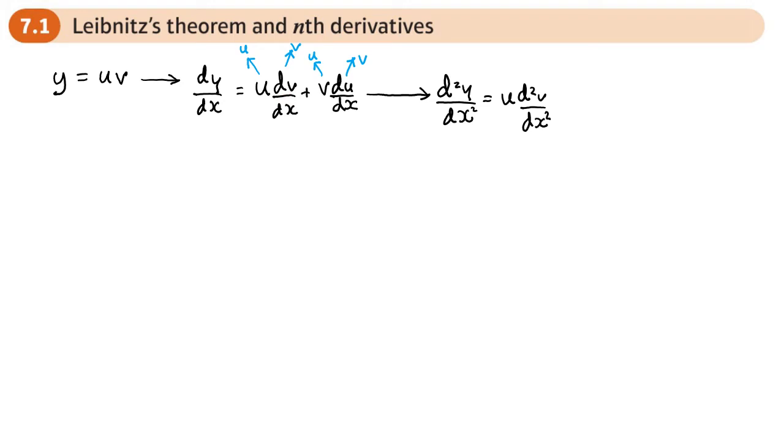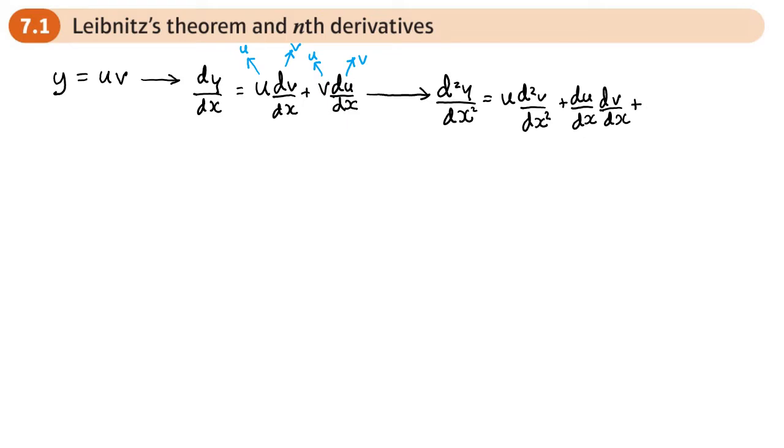So the second part will be du/dx times dv/dx. Okay, so we've done this part. Now we apply the product rule to this part here.